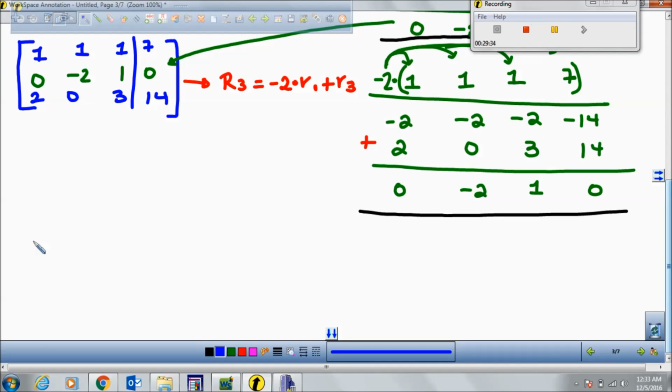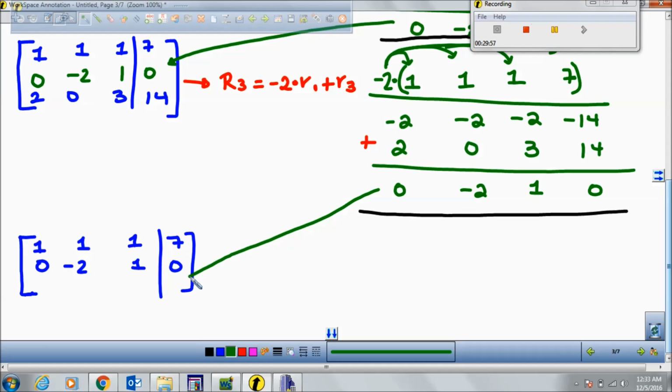And so here, I'm just going to copy all the numbers in row 1. 0, -2, 1, 0, and then these values are going to be here in row 3. 0, -2, 1, and 0.